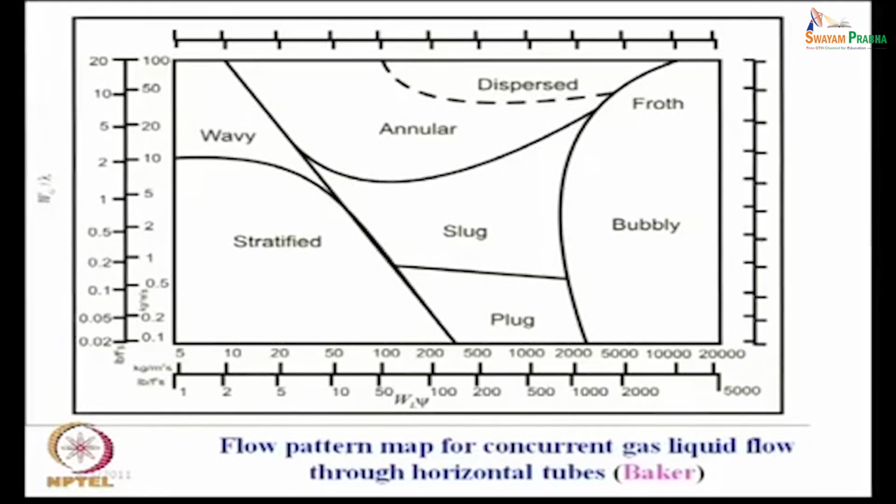Now, since there was so much confusion regarding the appropriate coordinates to be used in flow pattern maps, the most conventional way of doing it for gas-liquid and liquid-liquid cases is simply to use the superficial velocity of the two phases.